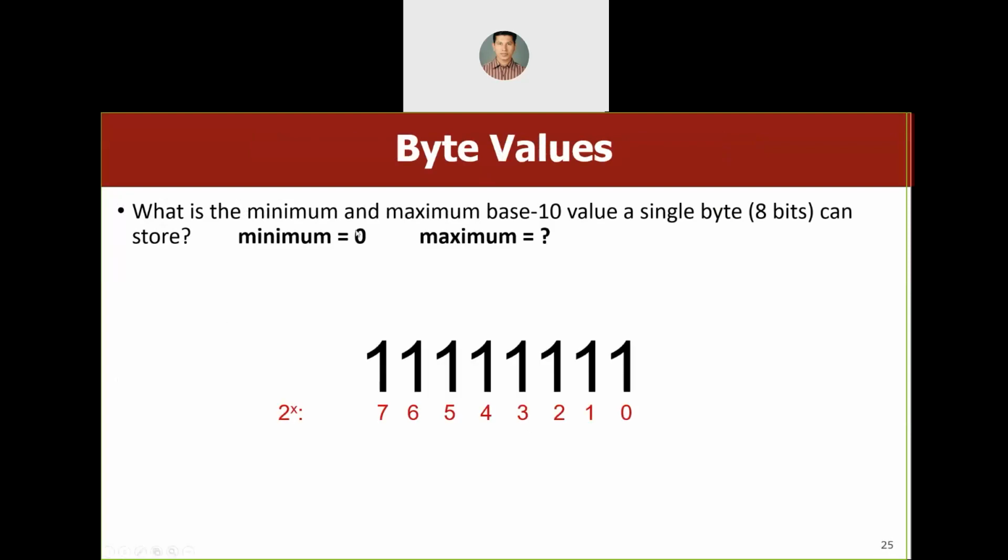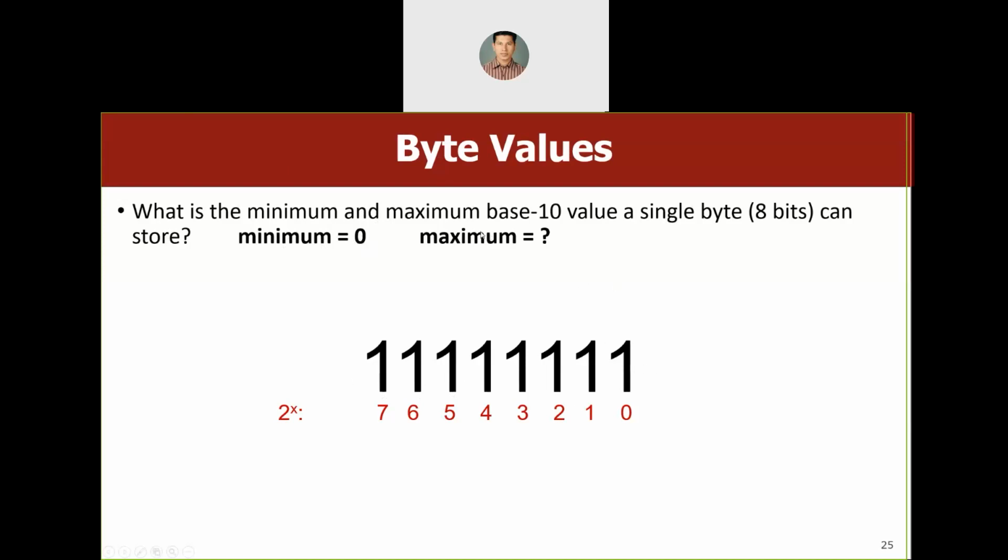Now what is the minimum and maximum base 10 value a single byte, which is 8 bits, can store? 8 bits means the width of that particular combination is 8. In that case, the minimum number always is 0 because we will have 8 zeros.